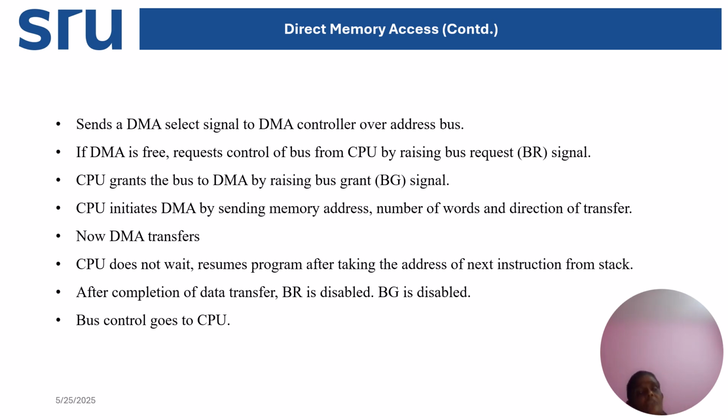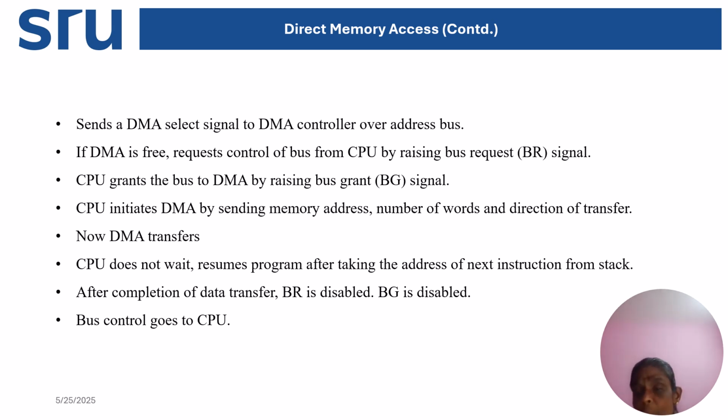If DMA is free, then it requires control of the bus from the CPU, because as I told you in the previous slide, the bus is shared from the CPU by DMA for transferring the data. It does this by raising a bus request. I need the bus, so a bus request signal is given by the DMA.